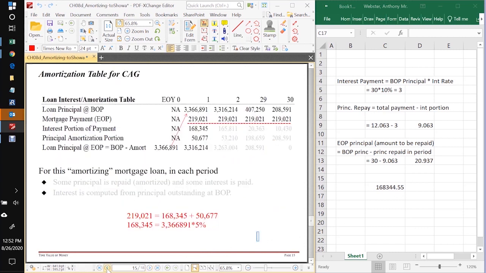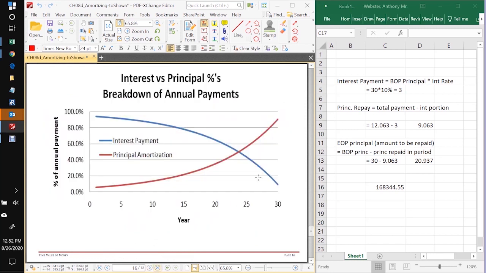So now I want to talk about some interesting features of this and all loans. So as I said before, as time goes on, and I've got a graph here of time on the x-axis and percent of annual payment on the y-axis, as time goes on, more and more and more of the amount that you're paying goes to pay down the principal, the amount borrowed, and less and less and less goes to the interest that you're paying.